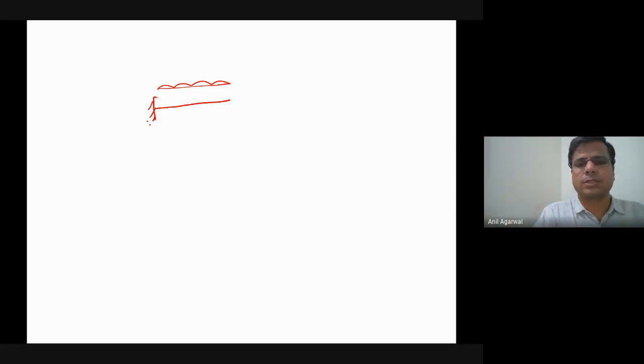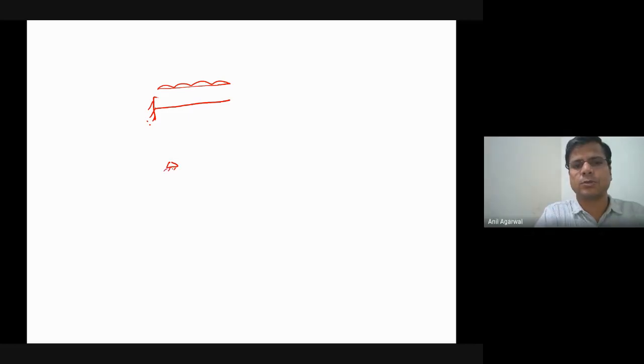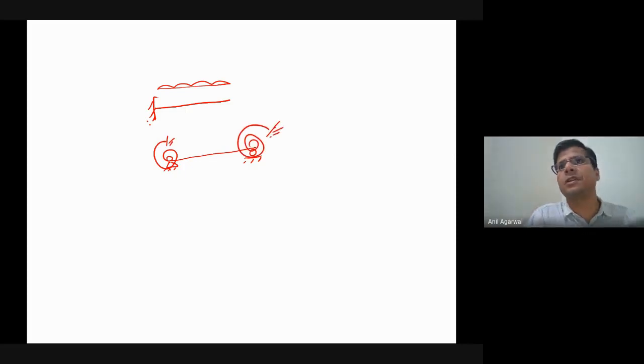So there is no way you may have a non-ideal cantilever. But a non-ideal simply supported is possible. This is an ideal simply supported case. However, you may have a situation where, in addition to being simply supported, it has some kind of a spring, because usually when you have a support, it is not really a pin support.